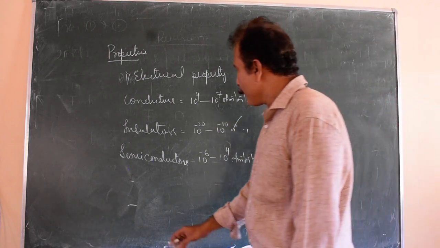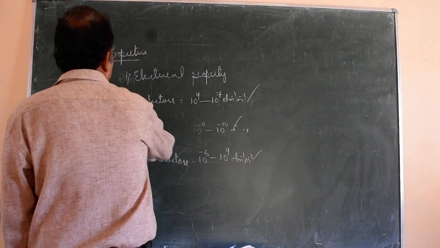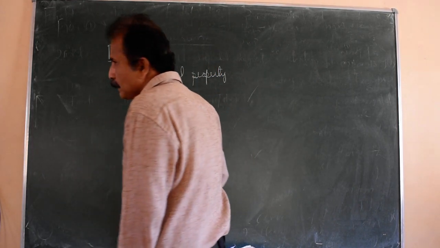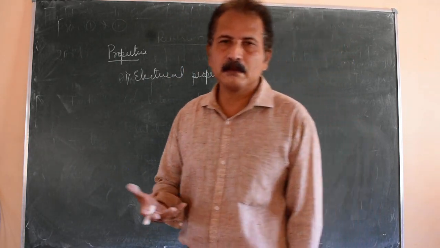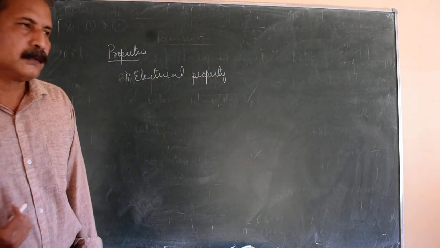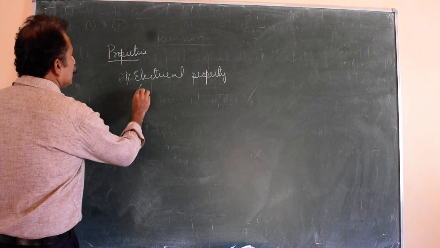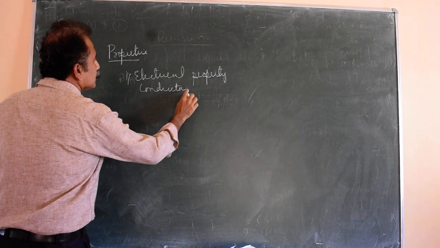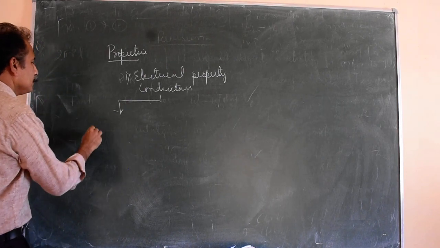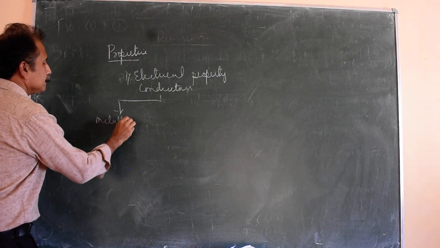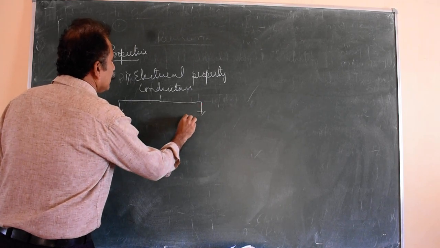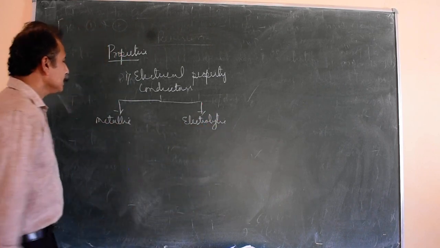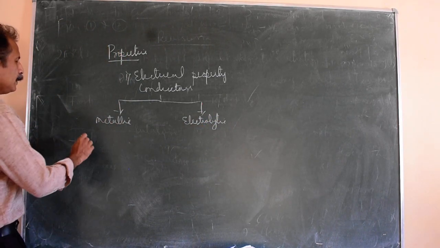Now coming to conductors. There are two types of conductors: metallic and electrolytic. Metallic conduction is due to the flow of electrons.